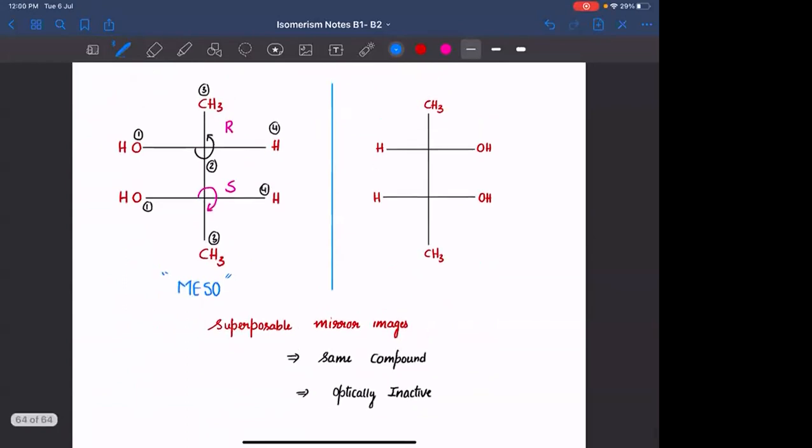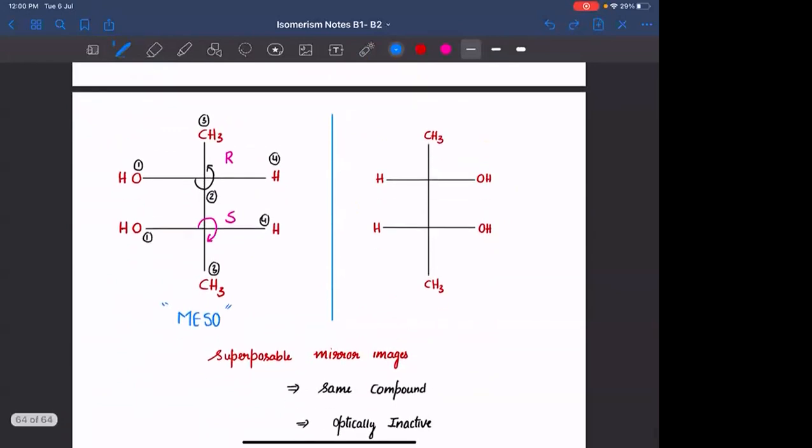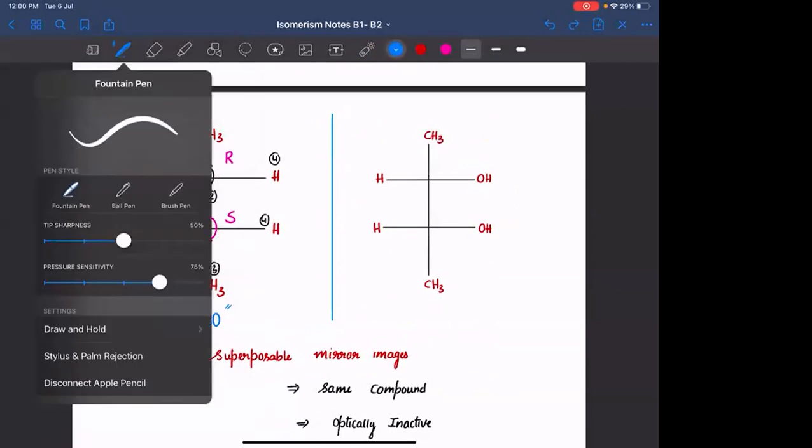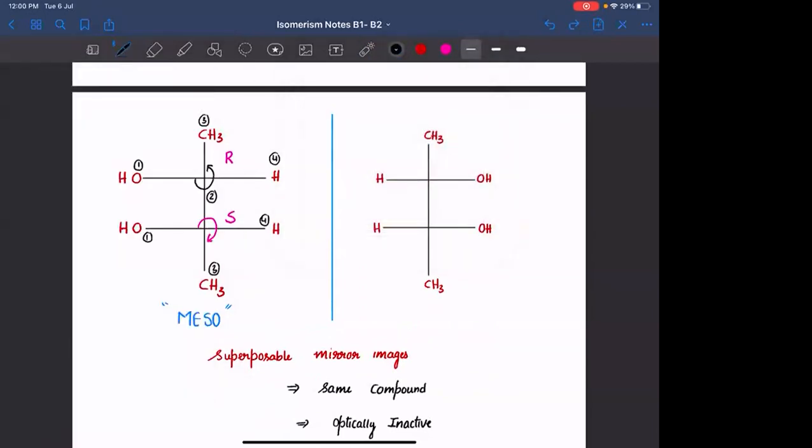So if you write the configurations of this, आपको लगेगा ये S and R, but both of them are same. Please write the configuration. यहाँ पे 1, ये 2 होगा, ये 3 होगा, ये 4, 1, 2 and 3.